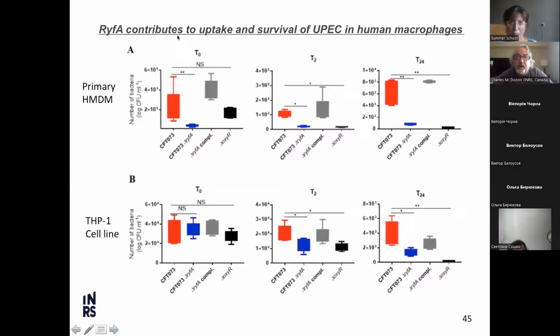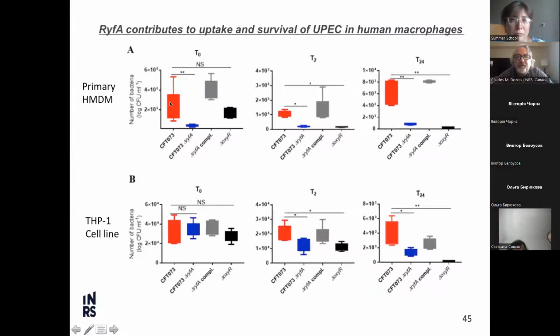And so looking more at the host-pathogen interactions, we also looked at the ability of the bacterium with loss of RIF-A to either be internalized or survive in primary human monocytes, as well as the THP1 macrophage cell line.